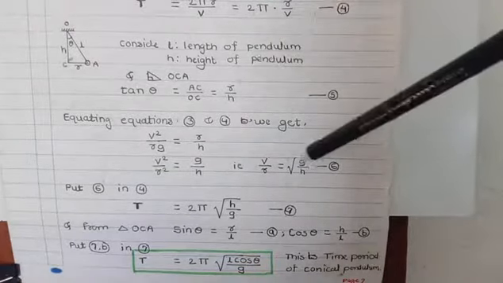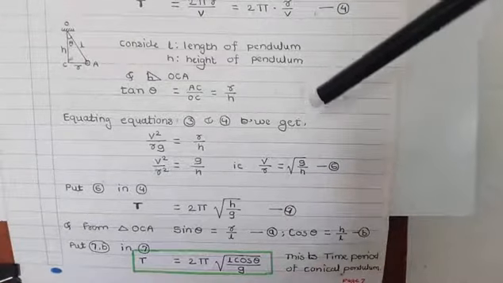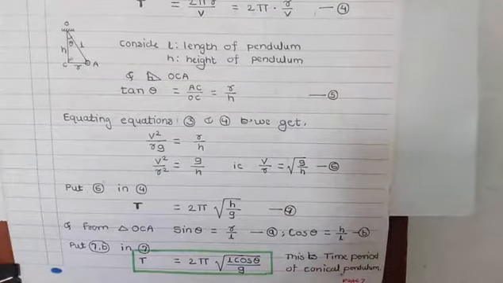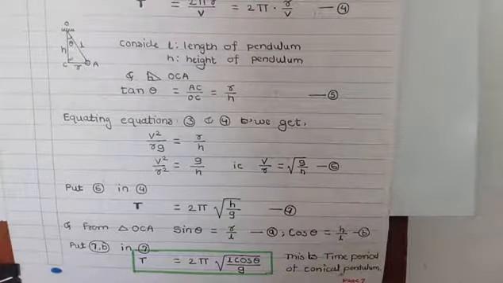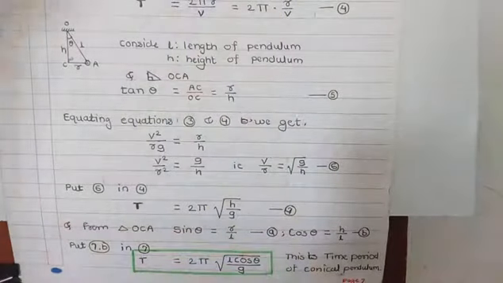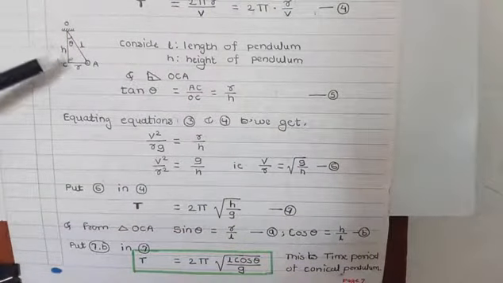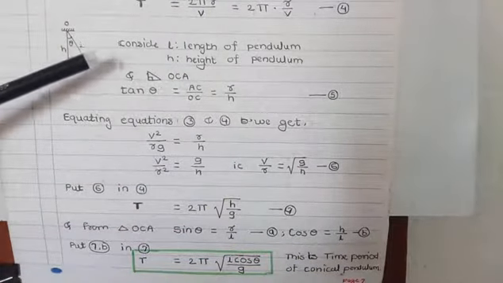Now the height of the conical pendulum changes continuously. Hence this height is replaced by the constant value of length. Consider again the same triangle OCA.